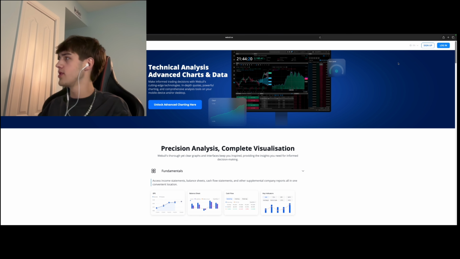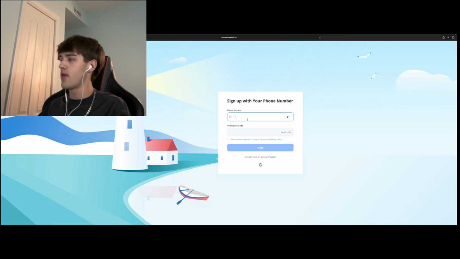What you want to start off with is creating an account, with your phone number and so on. It's going to ask you for all your information. I've already done this, so I won't create a new account. But if you are starting off, I always recommend starting with a paper trading account. It's going to be beneficial for you and especially for your bank account.